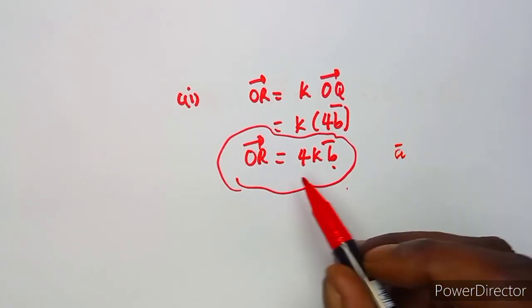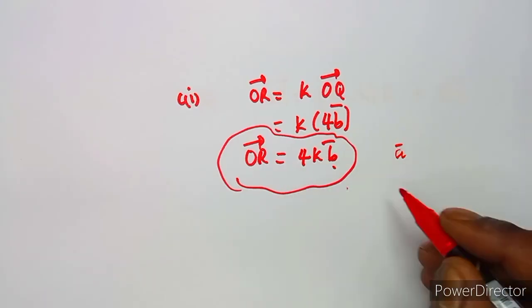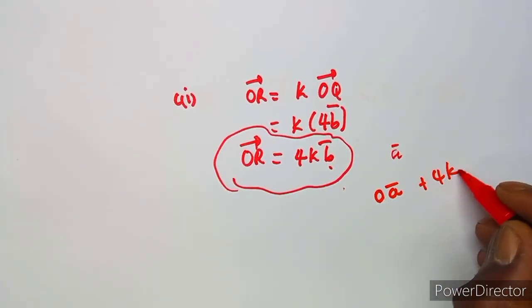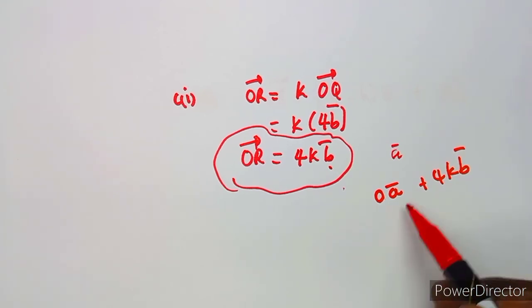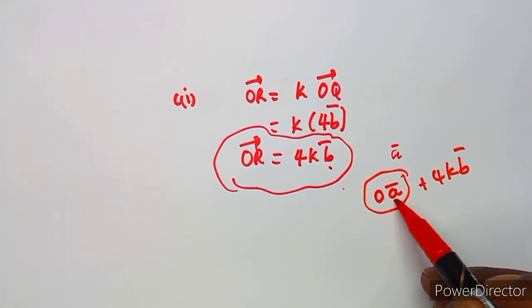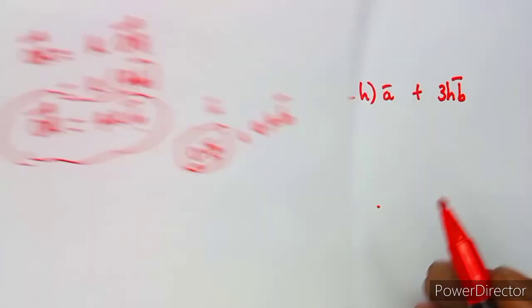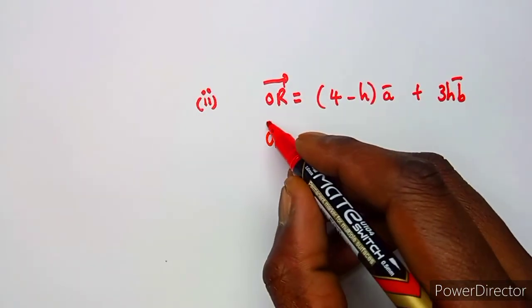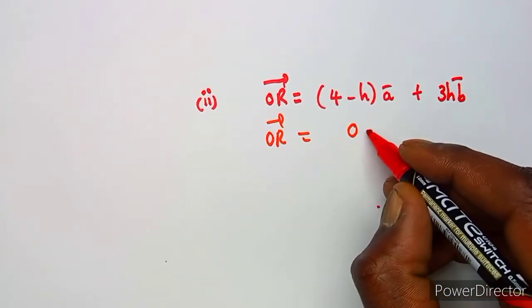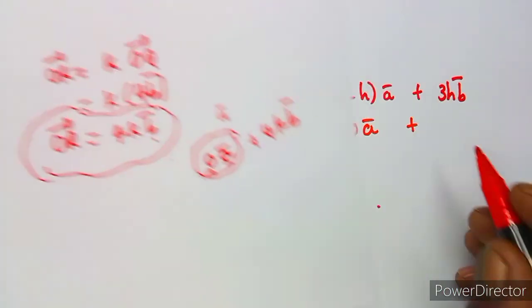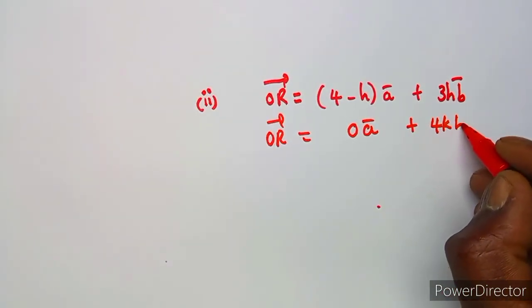So if we are to write vector A here, it is going to be like this: 0A plus 4KB. We have added nothing, so it's just like presenting A but with a 0, to mean that there is no A. Okay, so we can write this OR in that manner, which is equal to 0A plus 4KB.